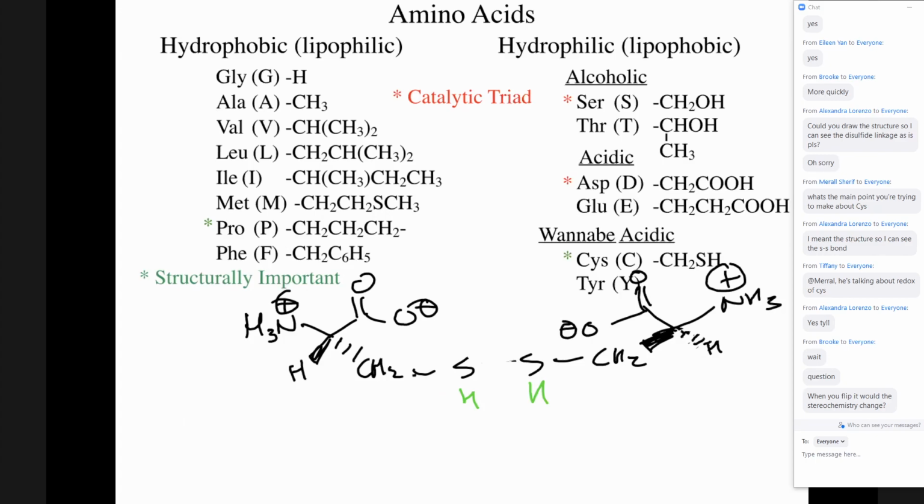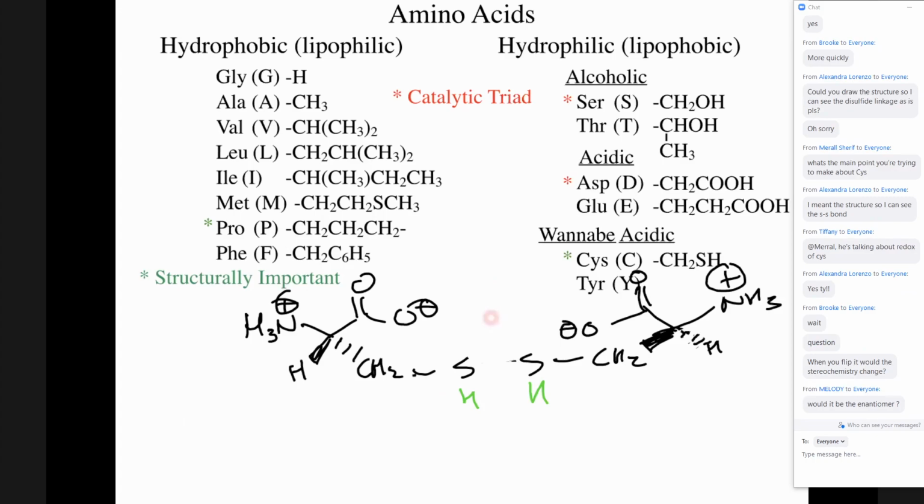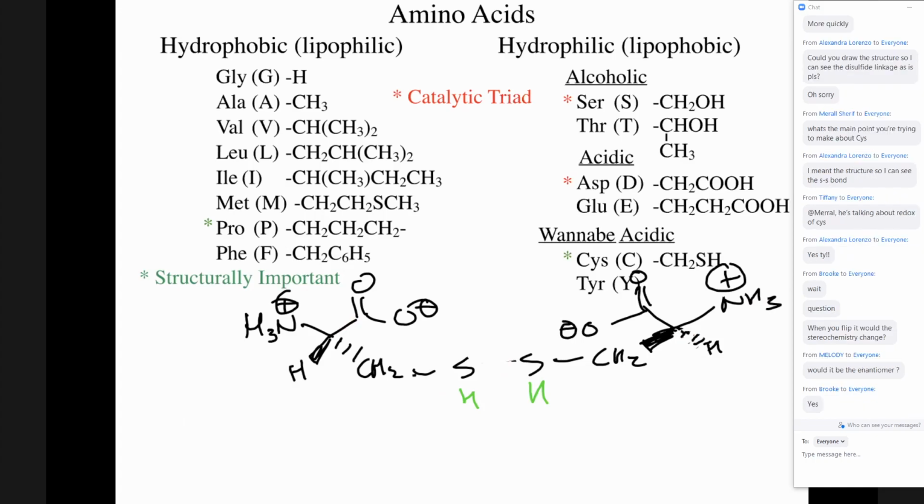So Brooke, walk me through your thought process, because what you did was absolutely positively excellent. Did you see some sort of mirror image that I've drawn as reflected? Yep. And if you have a mirror image, what happens to the chiral center? Stays the same or changes? Changes. Perfect.